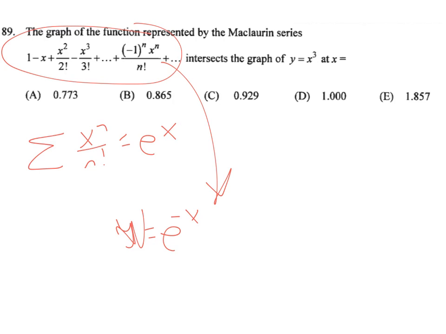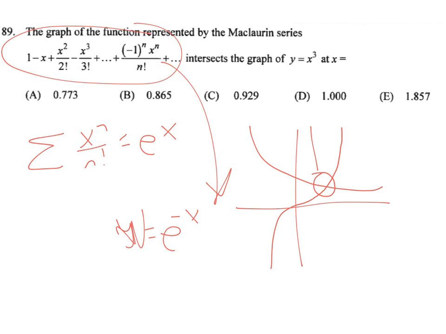So if you were to graph these, you've got e to the negative x, which is going to look like this, and you've got y equals x cubed, which is something like this, and they are going to intersect somewhere at some x value. And if you graph those both, then you'll see that the x value where they intersect is 0.773. So a nice little variation.